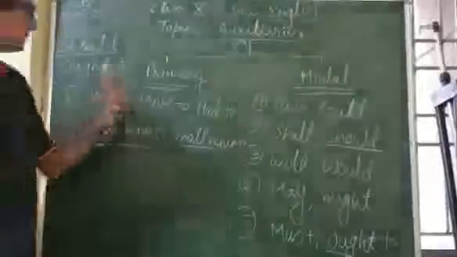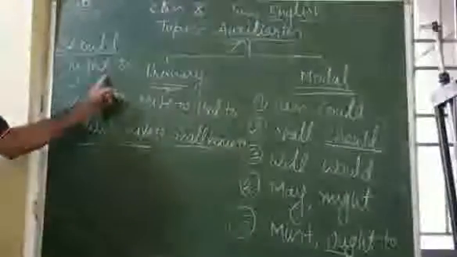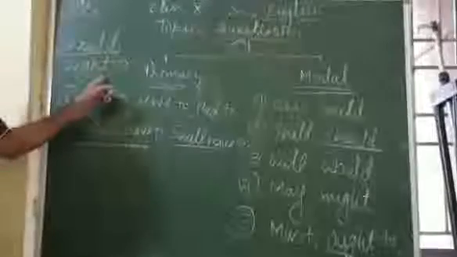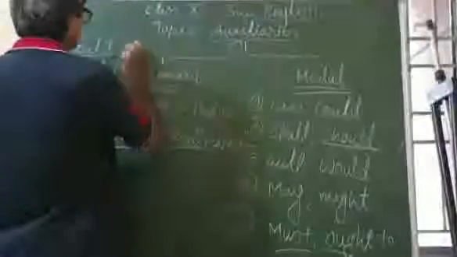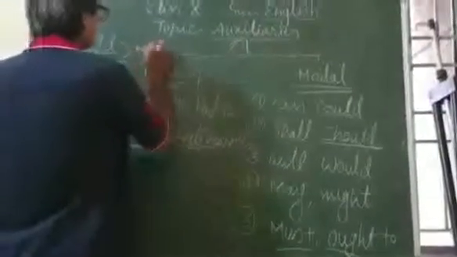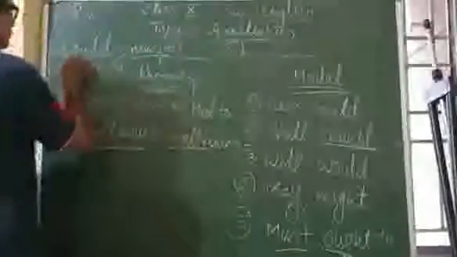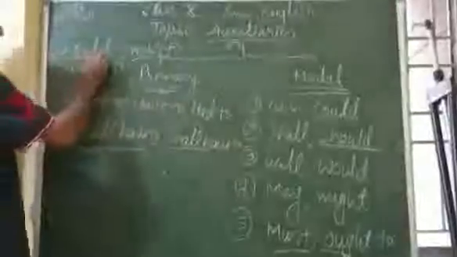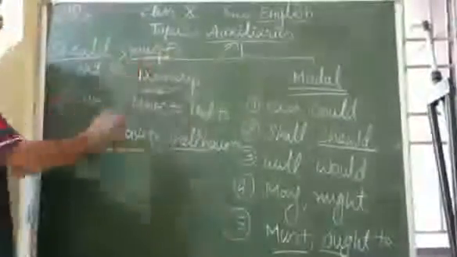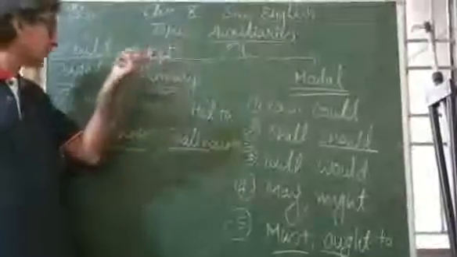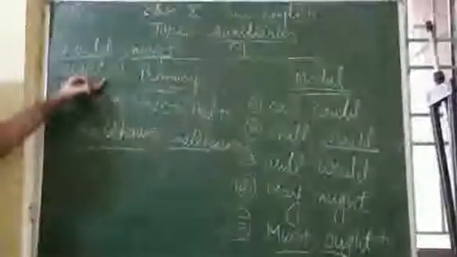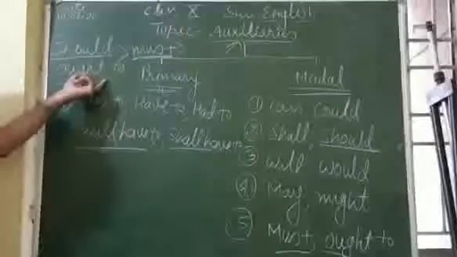So these two modals are used to show this, and the third one, must, is also for compulsion in this group. This is one category. Should is for general compulsion, must for mandatory compulsion, and ought to for moral compulsion. Okay?